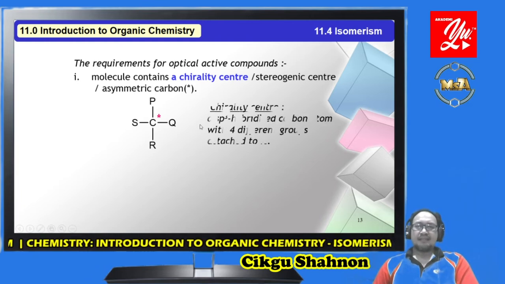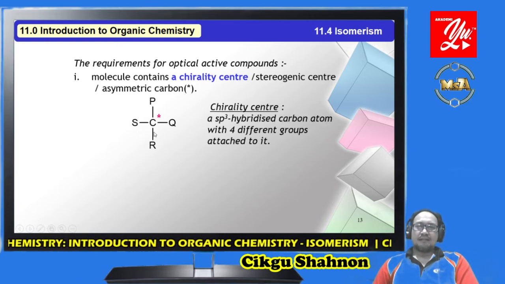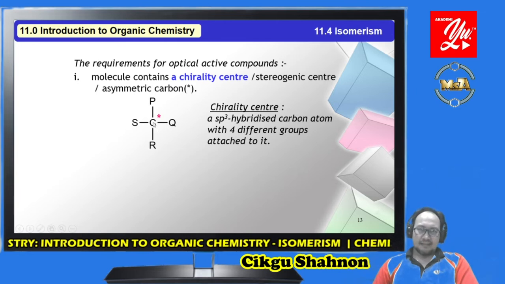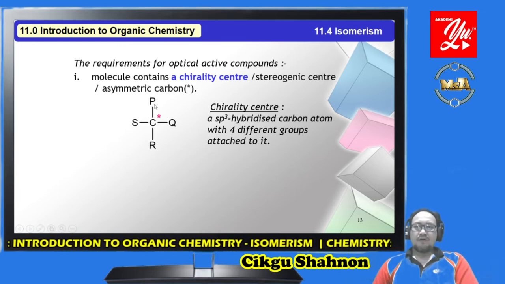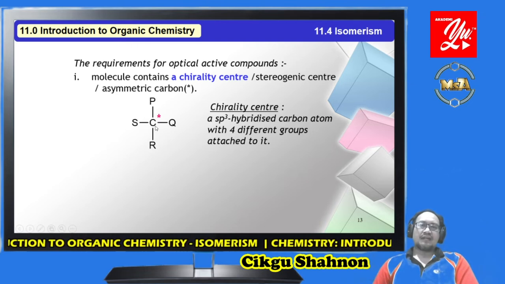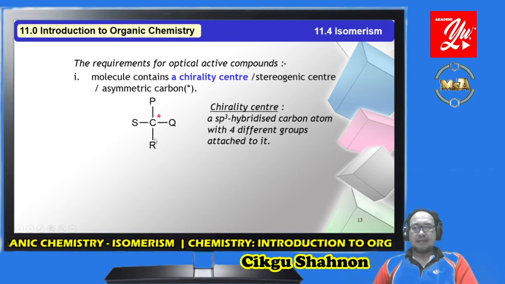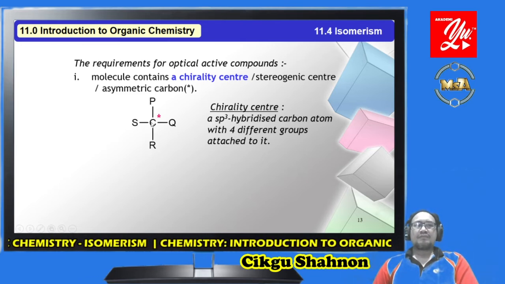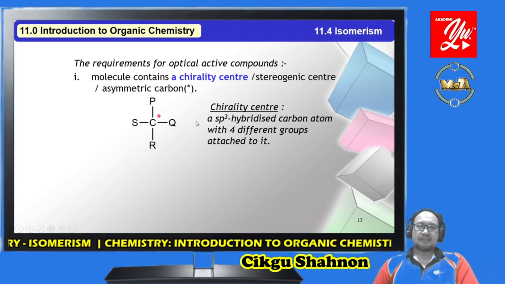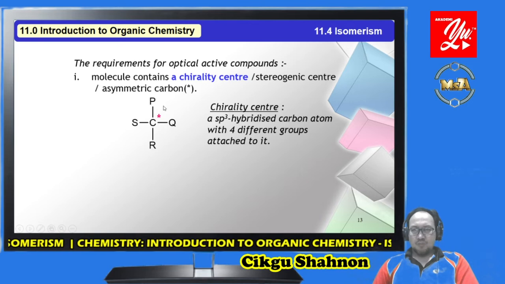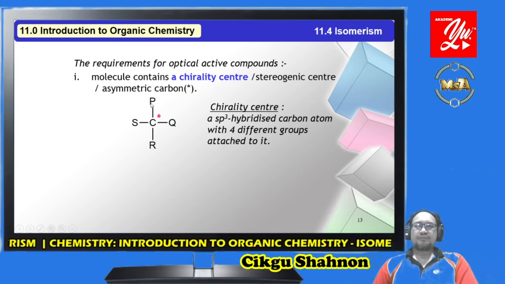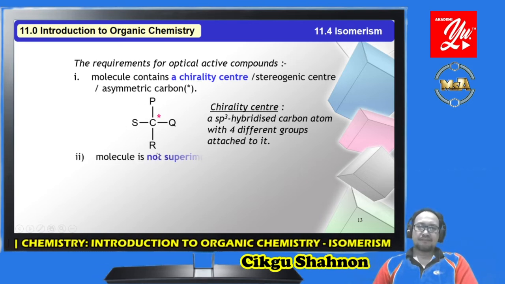It is an sp3 hybridized carbon atom with four different groups attached to it. sp3 hybridized means the carbon must have only single bonds. It cannot have a double bond, which would be sp2.